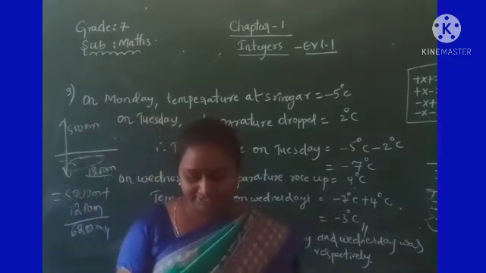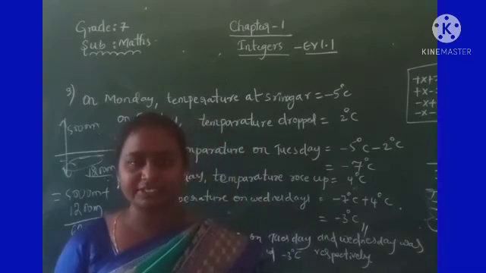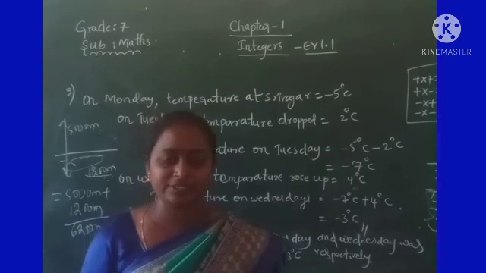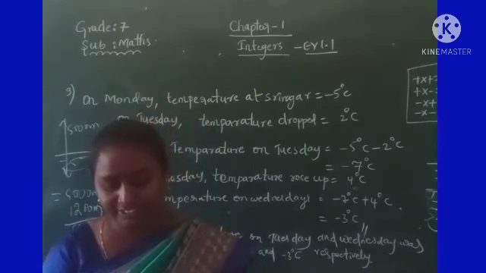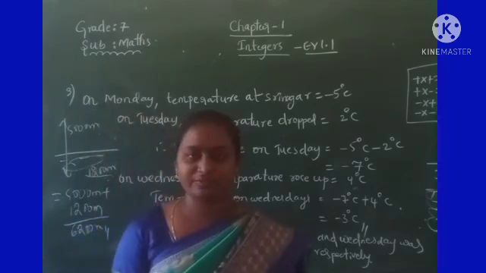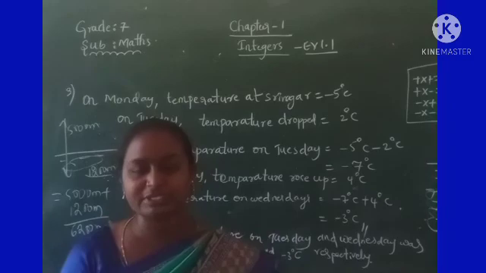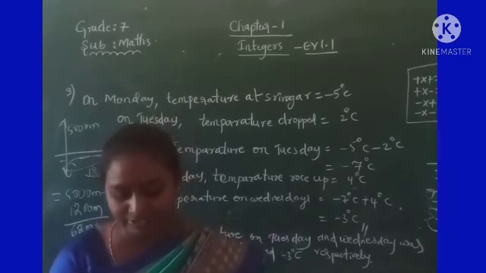So Mohan has deposited some amount in the bank. How much amount has he deposited? 2000 rupees. After that, the next day he has withdrawn. Withdrawn means he has taken amount from the deposited amount. How much amount has he taken? 1642 rupees.